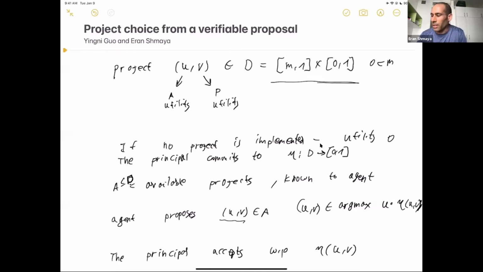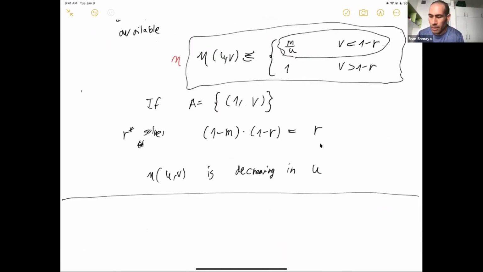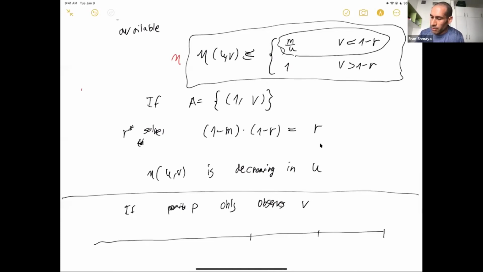Okay, so I'll just tell you how the mechanism looks if the principal can only observe V, only observe his own payoff. Then the optimal mechanism divides the interval into infinitely many small intervals. In this interval, you accept with probability 1.